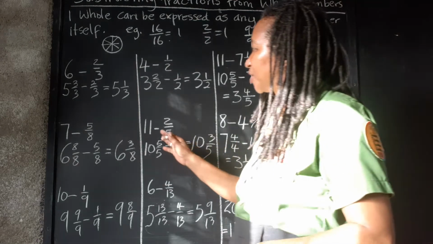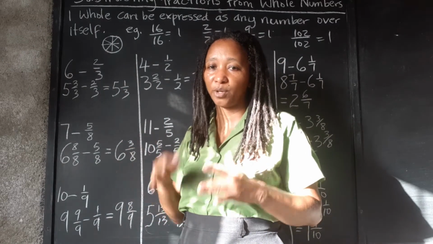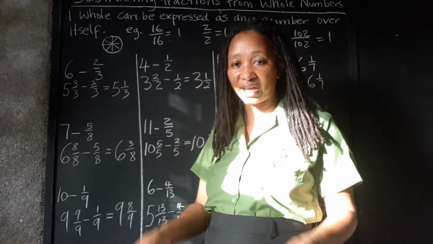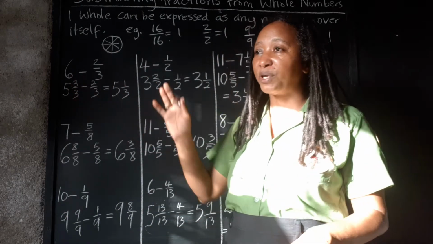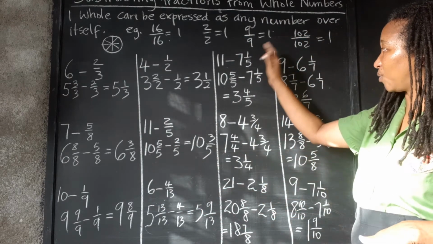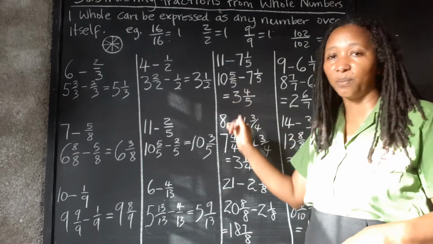So we looked at subtracting common fractions with no mixed number, no whole number in front, right? Just a plain, regular common fraction from a whole number. It's pretty much the same principle though. It's just that when we're taking mixed numbers, you'll actually be subtracting the whole number parts.